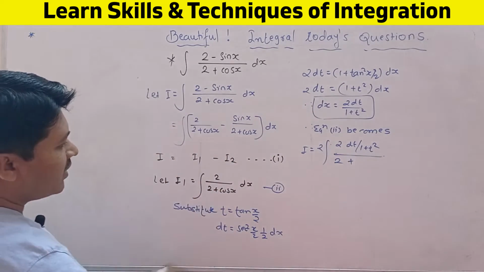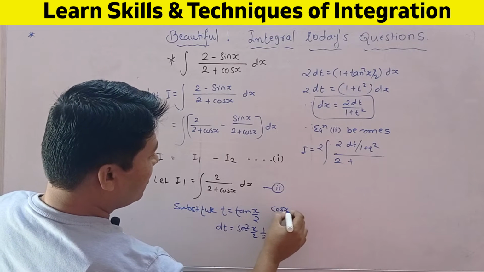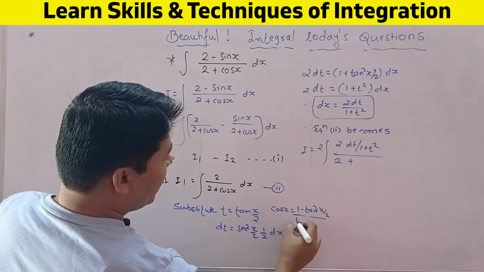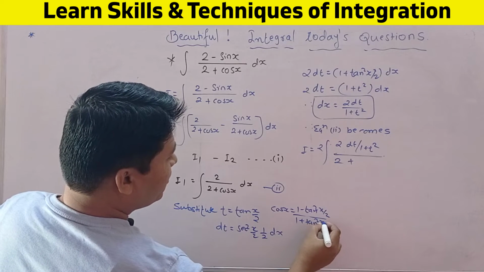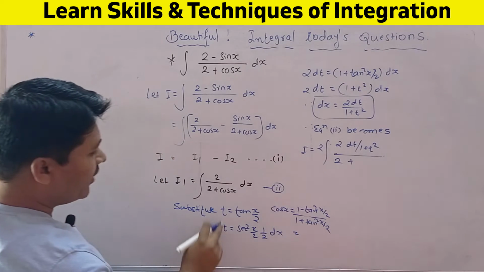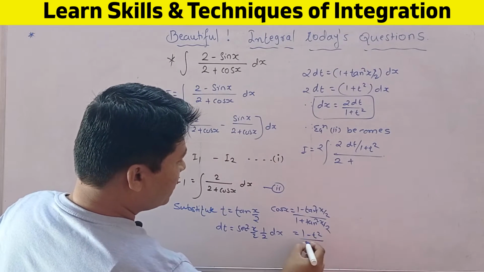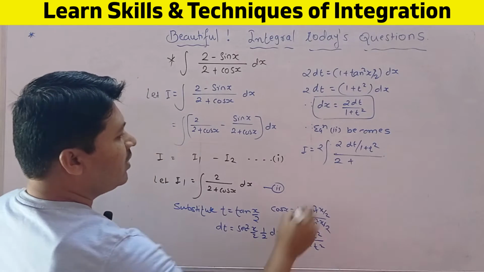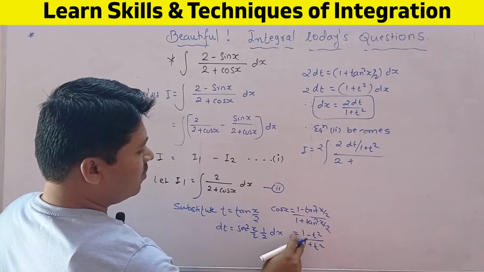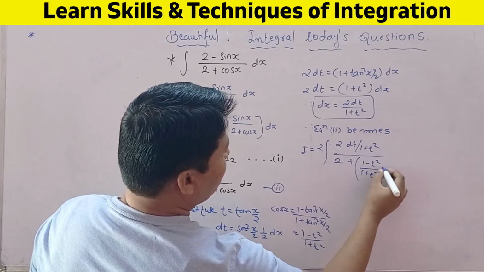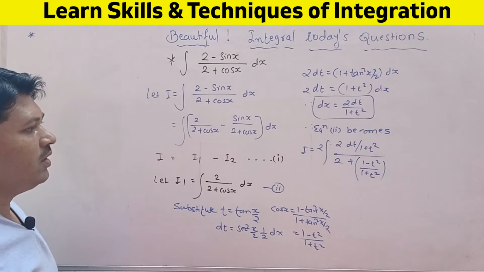We know the formula that cos x is equal to (1 minus tan square x by 2) divided by (1 plus tan square x by 2). Since t is equal to tan x by 2, we can put cos x equal to (1 minus t square) divided by (1 plus t square), bracket complete.